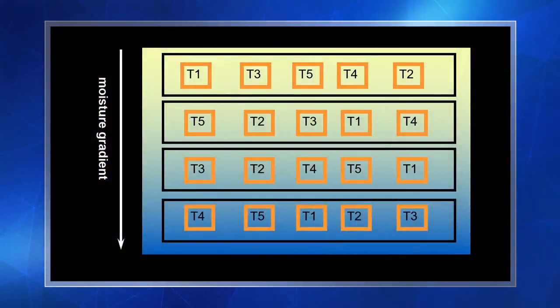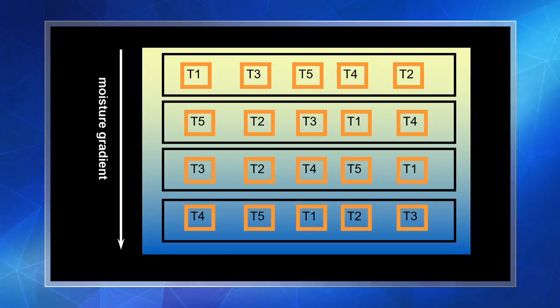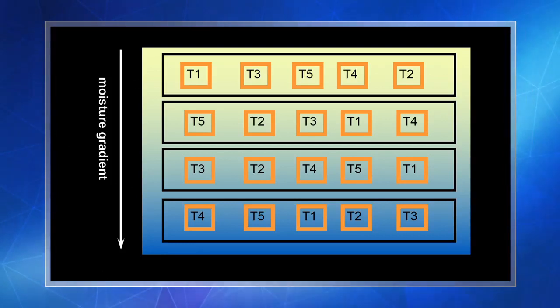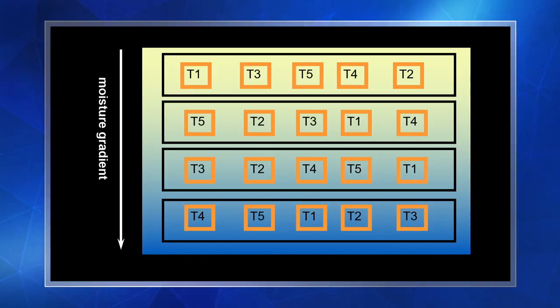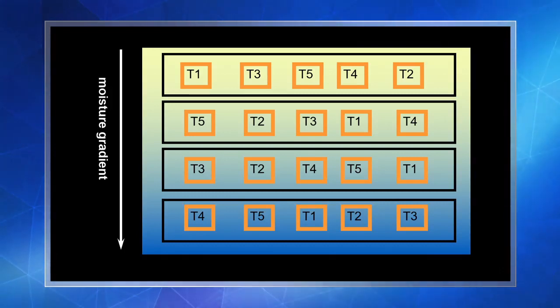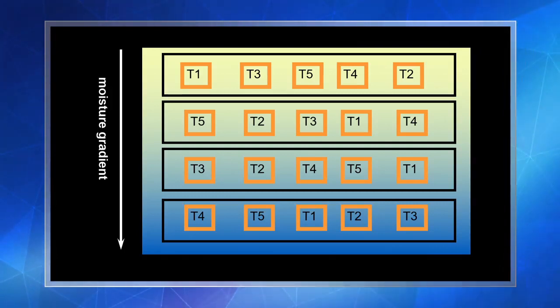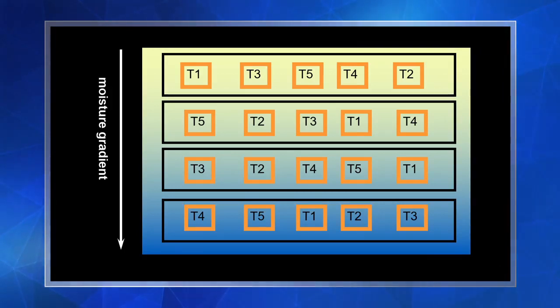Here's an example where we have 4 blocks that vary according to the water moisture gradient. We've got 5 treatments, which might be maybe 5 different types of fertilizer, and we arrange the block such that the fertilizers rotate within the block while being represented at each moisture gradient level.